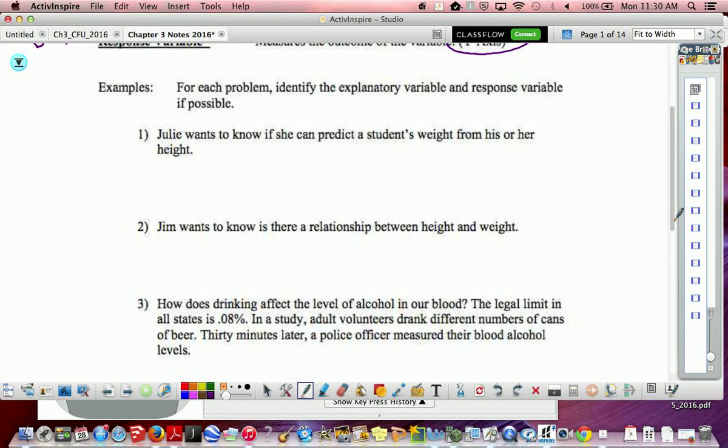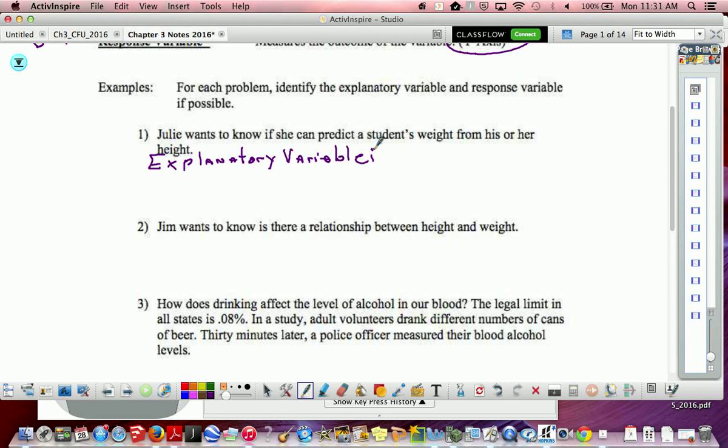It says, for each problem, identify the explanatory variable and the response variable, if it's possible. Number 1 says, Julie wants to know if she can predict a student's weight from his or her height. So the explanatory variable. In this case, what's the independent variable?